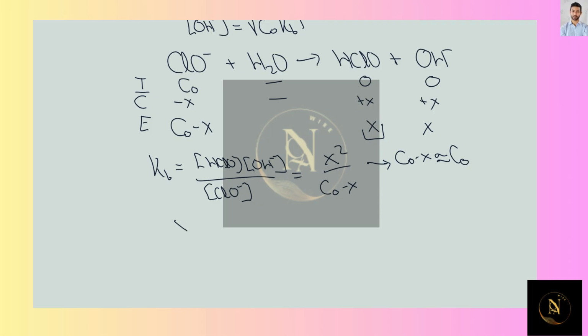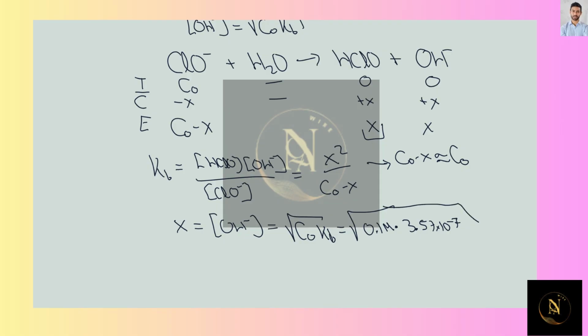So, taking that into account, x is equal to the concentration of OH minus that we're going to find at equilibrium, and that is going to be equal to the square root of C0 times Kb, which is the square root of 0.1 times my Kb, that is 3.57 times 10 to the minus 7. Okay, so the value for x is 1.88 times 10 to the minus 4. This is going to be in molarity.